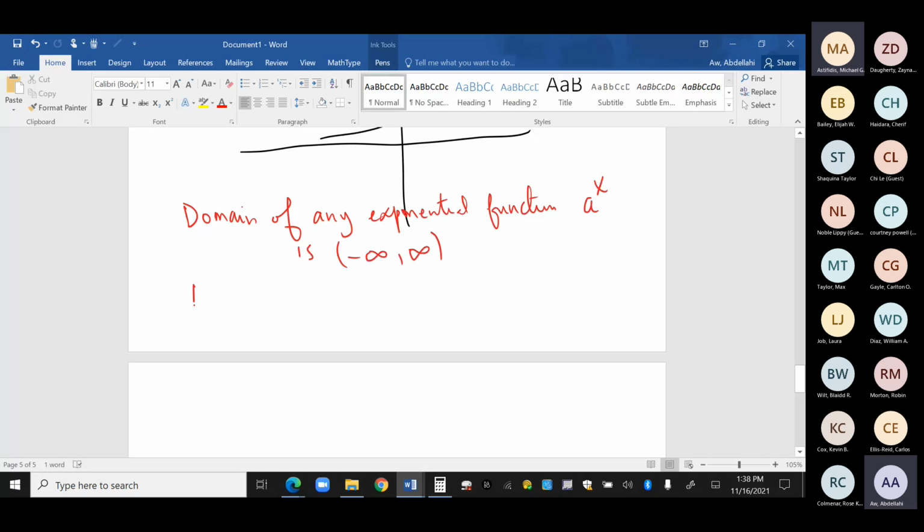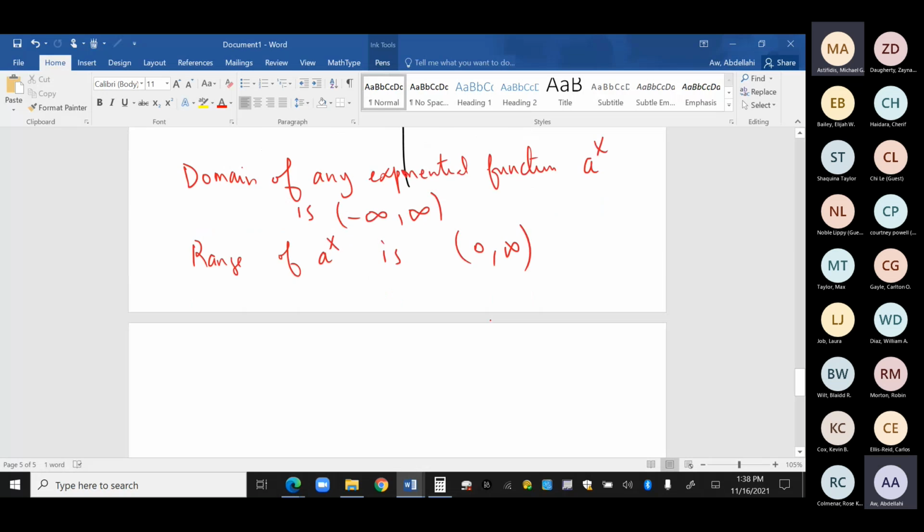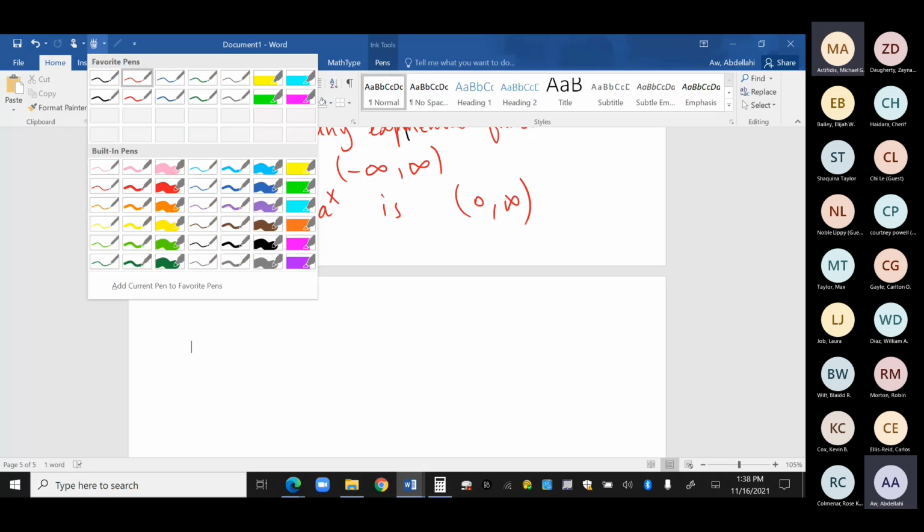And the range of a^x is 0, infinity. That's always the case. We can plug in any number that we want in any exponential function, right? That is, the domain is negative infinity, infinity. But the outcome will never be negative, never, not even 0, okay? All right, so now logarithmic functions.